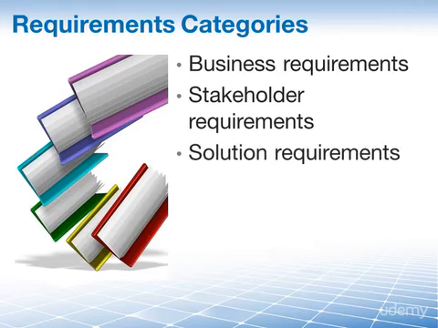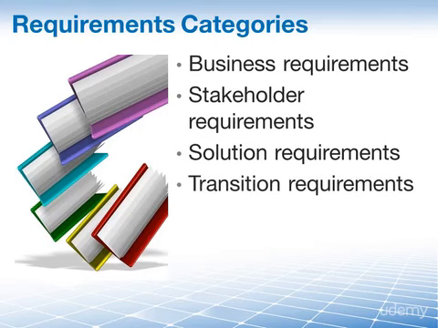Solution requirements, which describe the features and functionality of the final project deliverable, and these are often further broken down into functional requirements that describe how the final project deliverable will work, and non-functional requirements that describe the factors required for the final project deliverable to perform as expected.